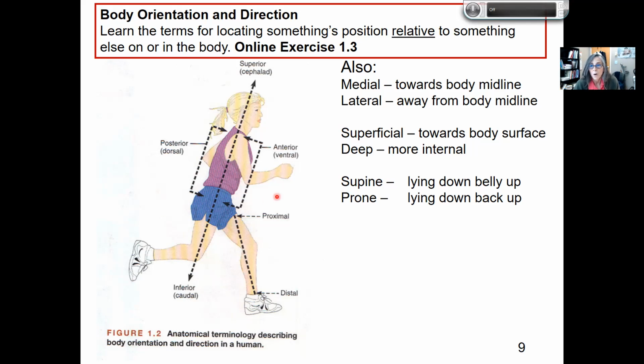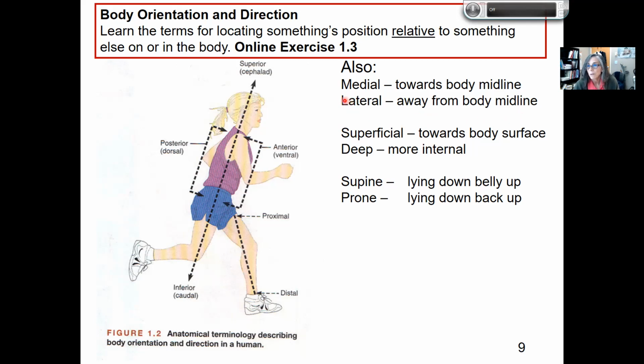We have it defined as towards the body midline. For example, the heart, or the sternum is a better example. The sternum lies medial, but this is always relative to something else. So it's always in reference to another position or another structure. In this case, its opposite would be lateral, and anything lateral lies away from the midline.